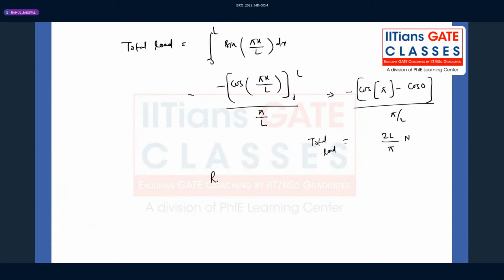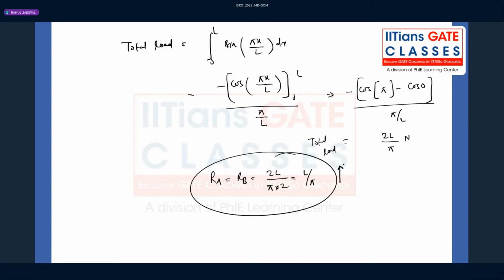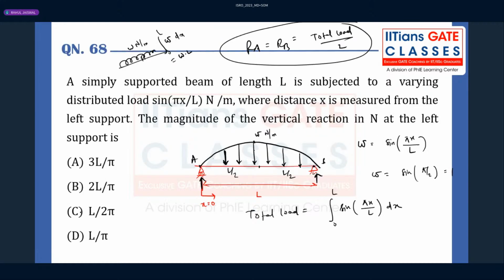But they are asking for the reaction forces RA and RB, which is the total load divided by 2, that is L by pi, vertically upwards, in Newton. So the correct answer would be L by pi.